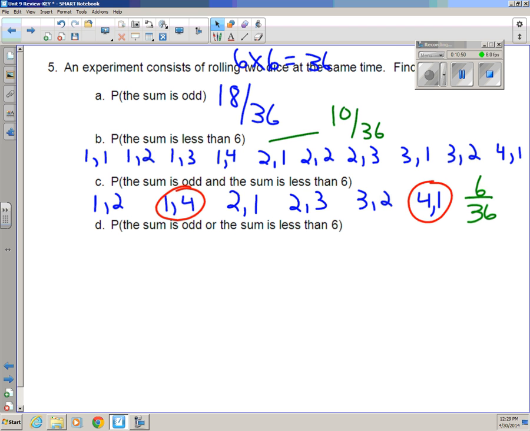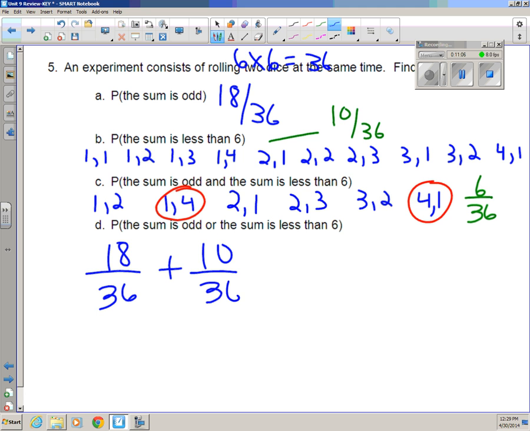So if we want the sum to be odd or less than 6, we have to understand that there's an overlap. So we know from A, 18 out of the 36 die are going to be odd sums. 10 out of those 36 die are going to be less than 6, right? 18 are odd, 10 are less than 6.